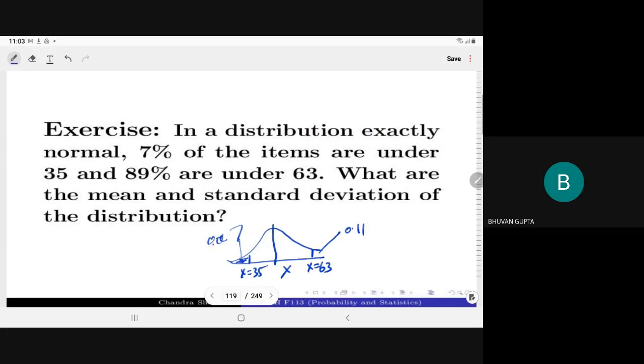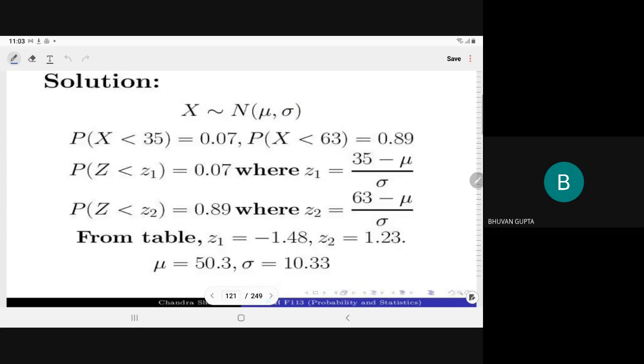It is more or less the same type of question as what we have done just now. Let's say x follows the normal distribution with parameters mu and sigma.